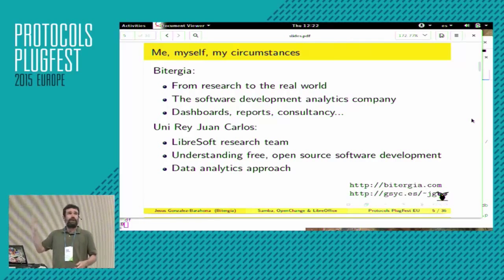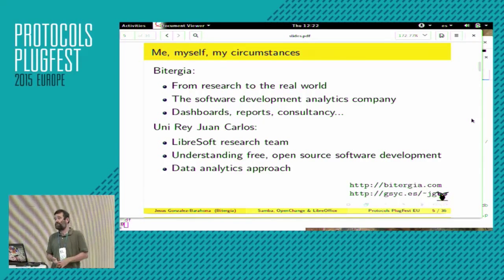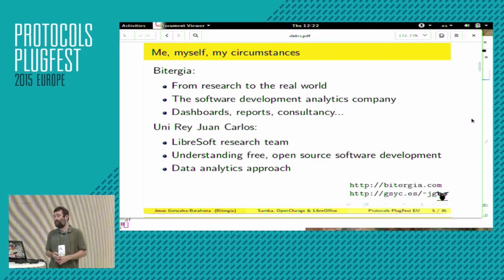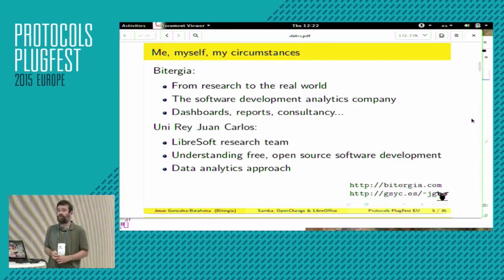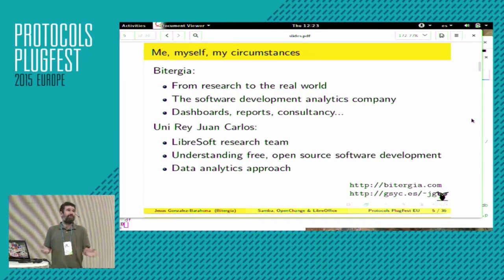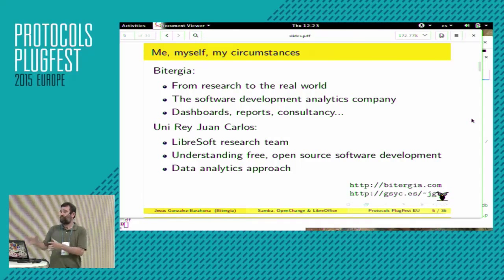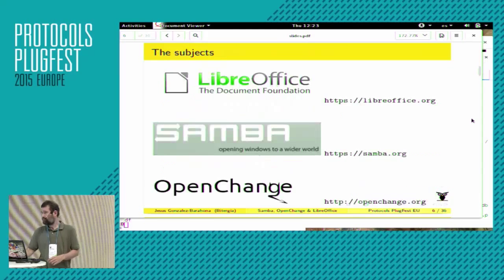And I also have another hat. I also work at the Universidad Rey Juan Carlos in Madrid, and there I'm co-leading, in fact, the LibreSoft research team, where we have been working in software analytics for like 10 years. So in part, the company was a startup from the team.